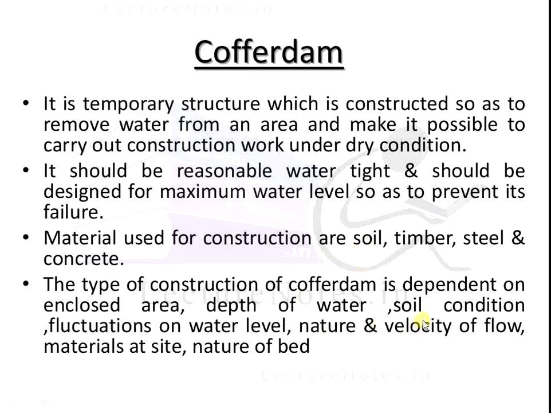Next, soil condition of the site. Then fluctuation in water level, nature and velocity of flow, and material at site. The availability of material near the site is important, and next is the nature of the bed. These are all the factors affecting which type of coffer dam we have to construct.